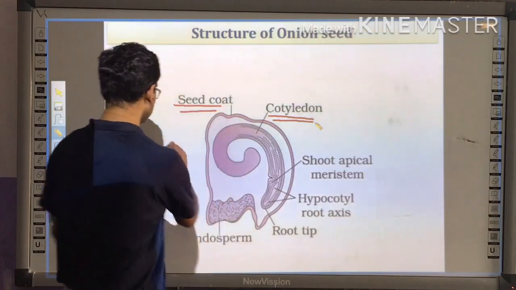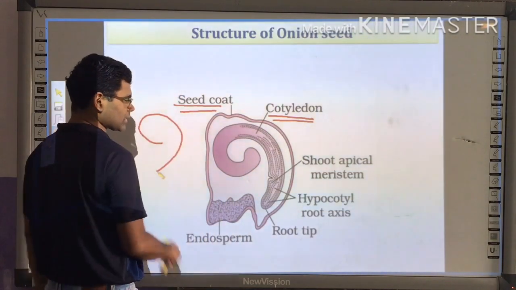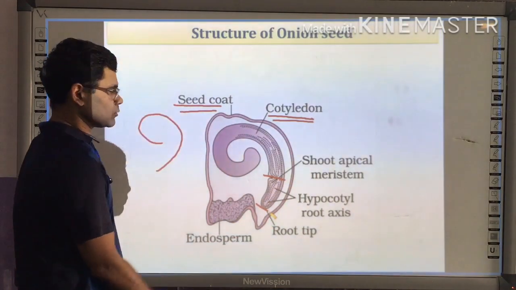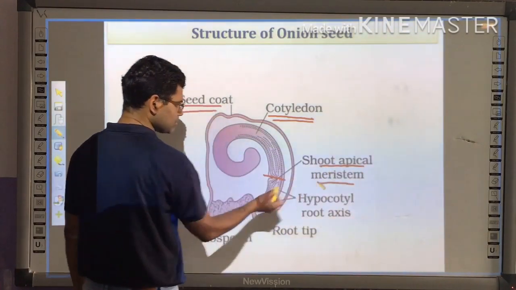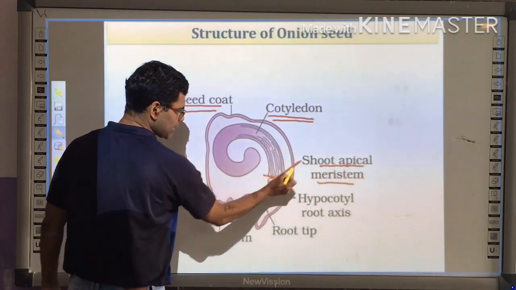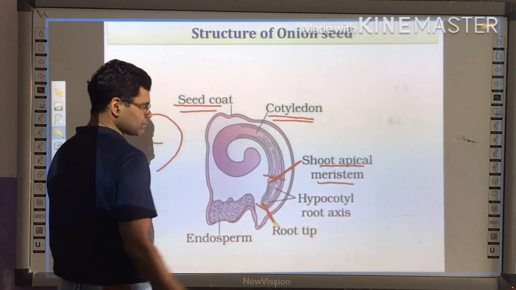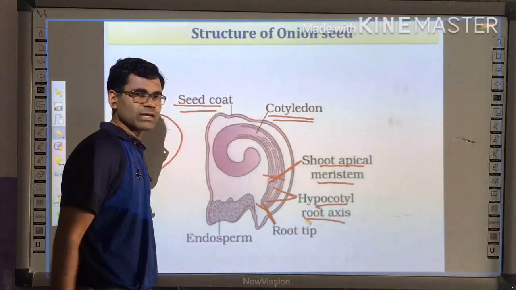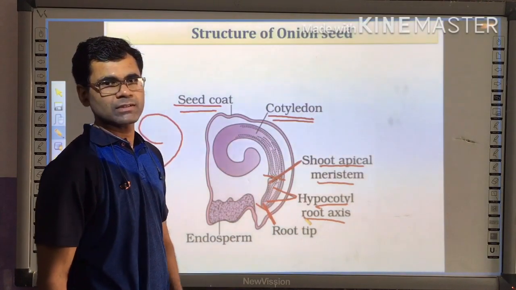Right, this U-shaped, twisted, comma-shaped structure is called a cotyledon, and from here to here it is called the embryo. This embryo has the shoot apical meristem. This portion is the shoot apical meristem. This portion is the root tip or root meristem, and from here to here it is called the hypocotyl or root axis.